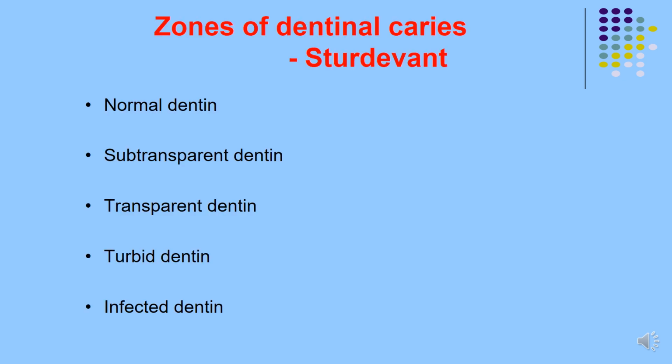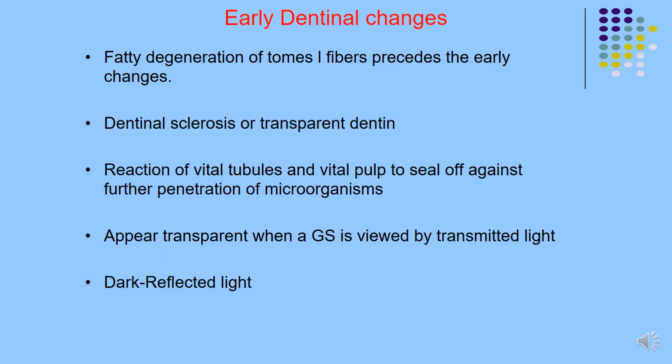Okay, the zones of dentinal caries according to Sturdevant are normal dentine, subtransparent dentine, transparent dentine, turbid dentine, and infected dentine. This is something you would have already covered in your second year in conservative dentistry under the operative dentistry aspect. So early dentinal changes, first of all, fatty degeneration of Tomes' fiber precedes the early change.